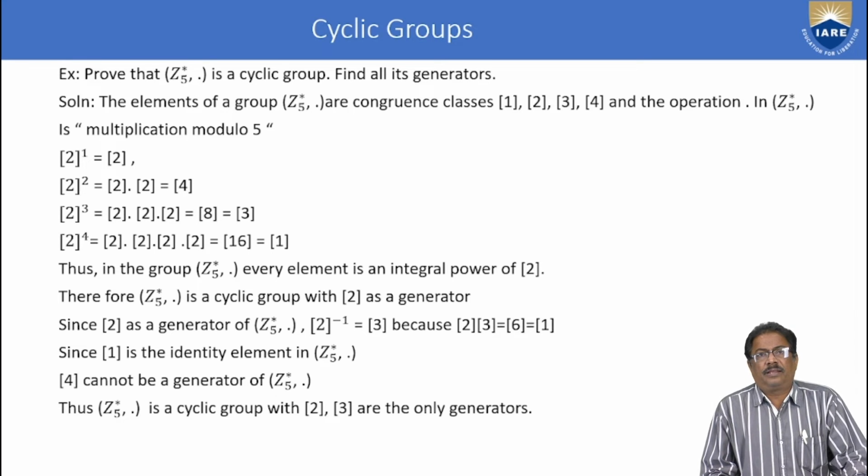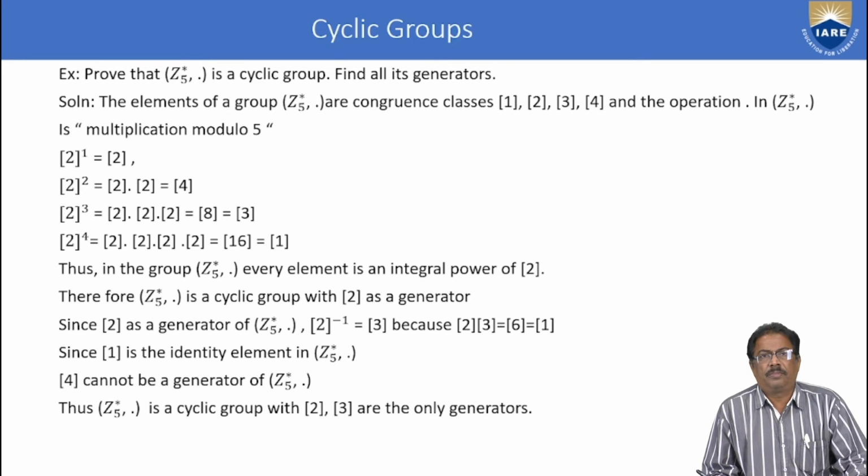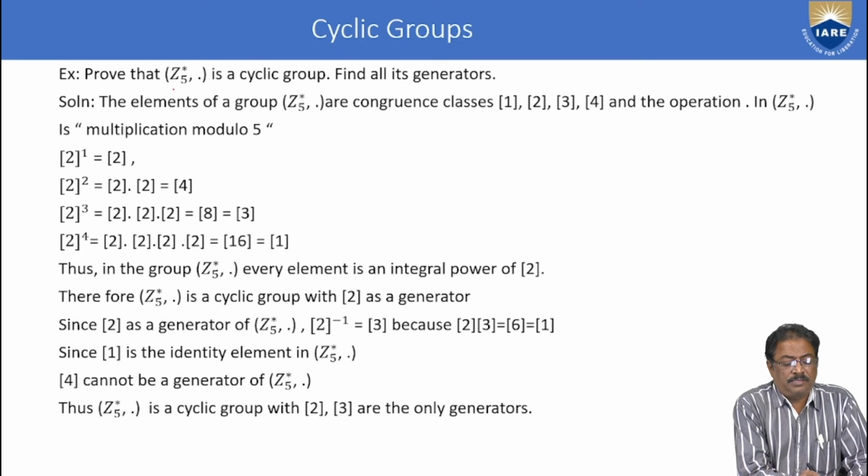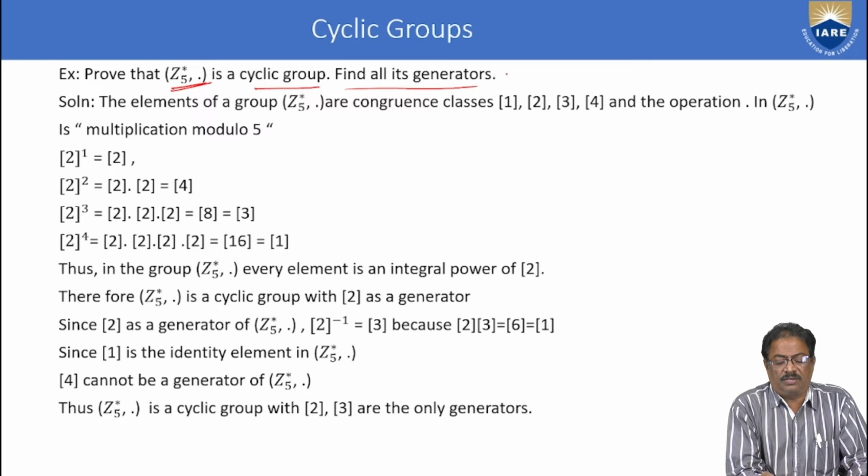Now let us go for the other one. This was the additive modulo. Now multiplication modulo 5. Prove that Z5 star is a cyclic group and find all its generators.